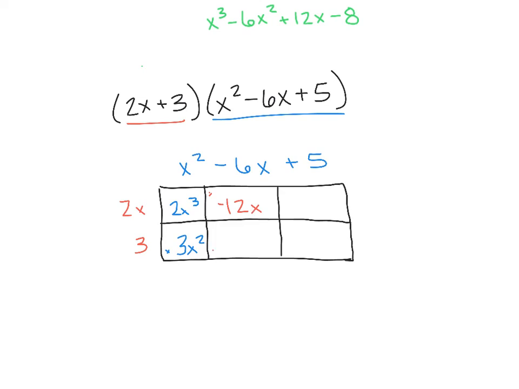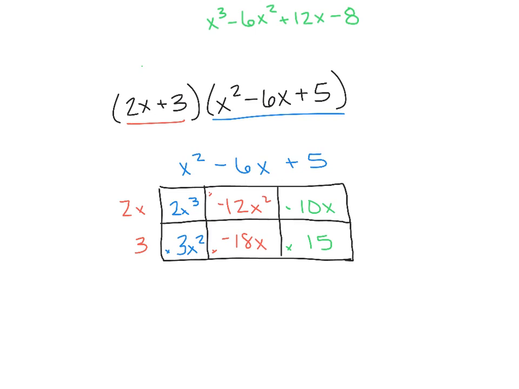For this box, you look to the left, we have 3, and up, negative 6, and you get negative 18x. For this box, you look to the left for your term 2x, up for your term 5, and you get 10x. And for this box, you look to your left and get 3, and up and get 5, multiply and get 15. I feel like I messed something up along the way. That should be a squared, my bad.